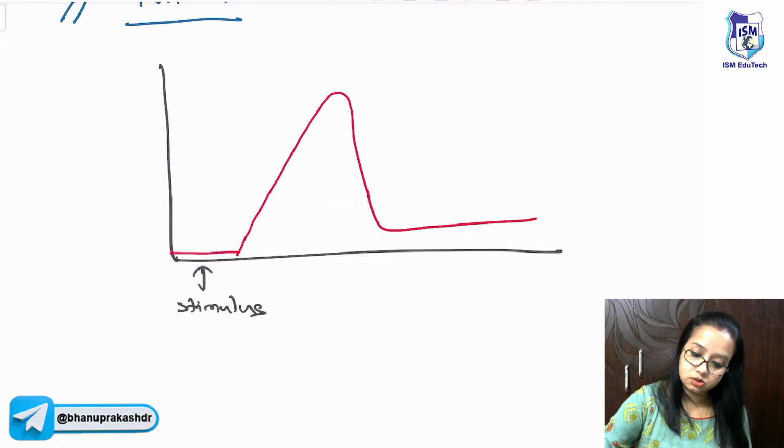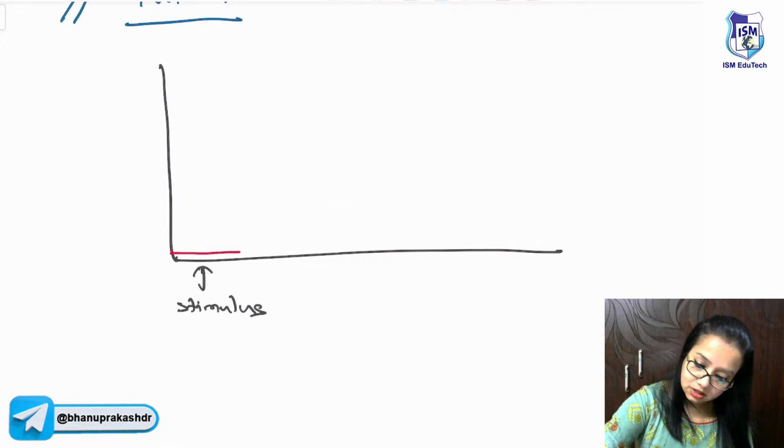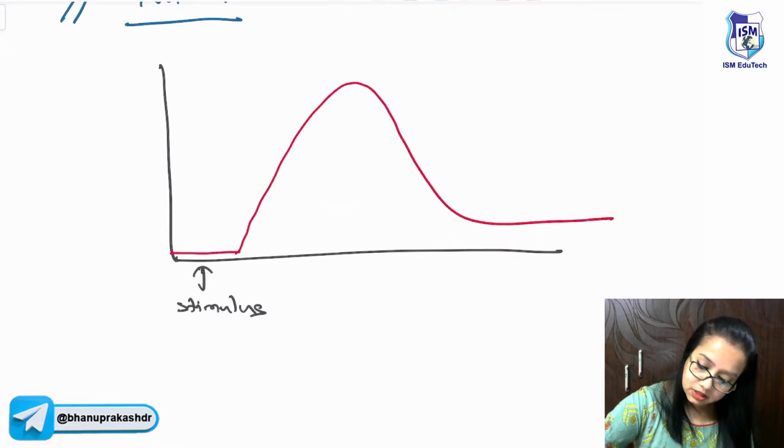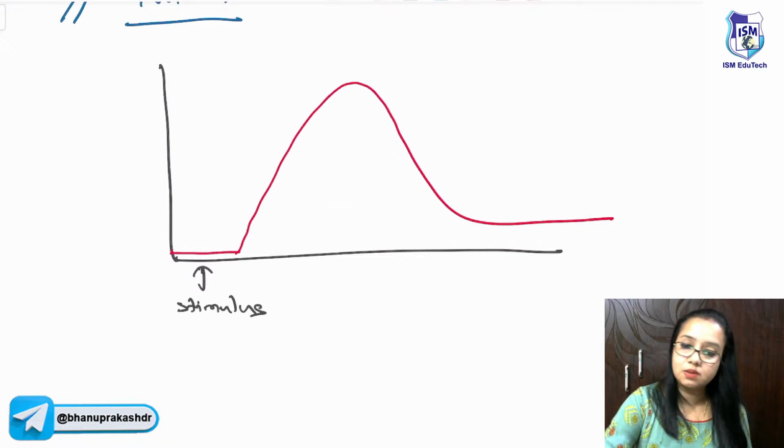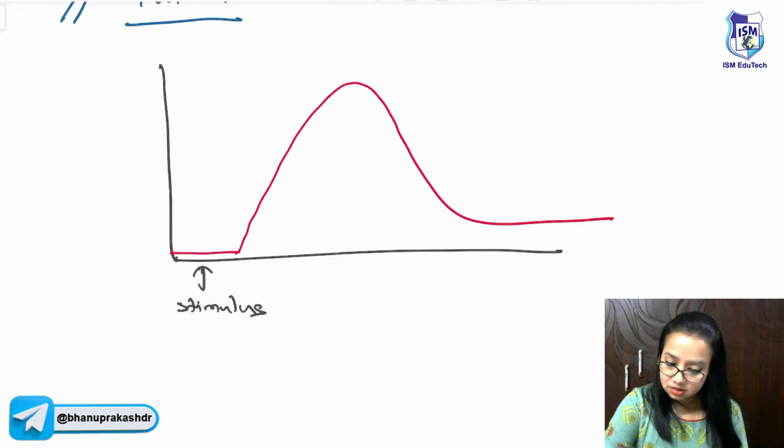The downward stroke should be a little broader because the relaxation is for a longer period. So a sharp rise followed by a quick fall.